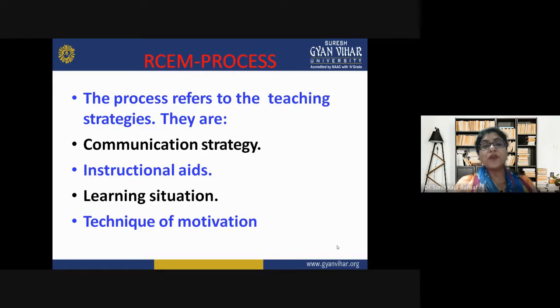Then the technique of motivation is very, very important from the side of the teacher, because without motivating your students, you cannot achieve that target. Or we can say achieve those educational objectives which you have set in the beginning of the lesson planning or in the input or output process. All right, students. So motivating students for the English language is as well very much important.